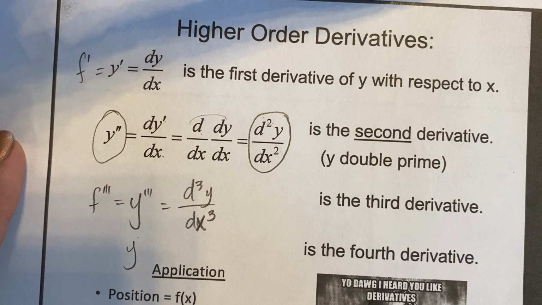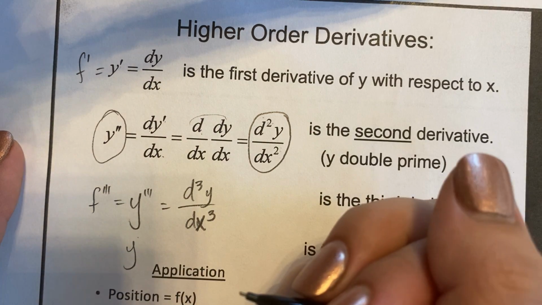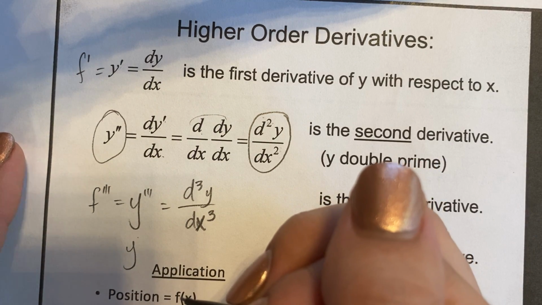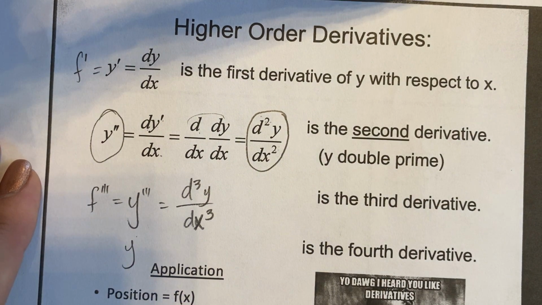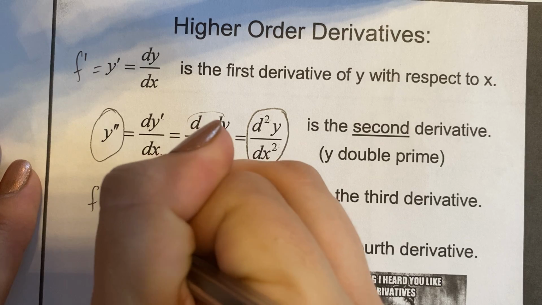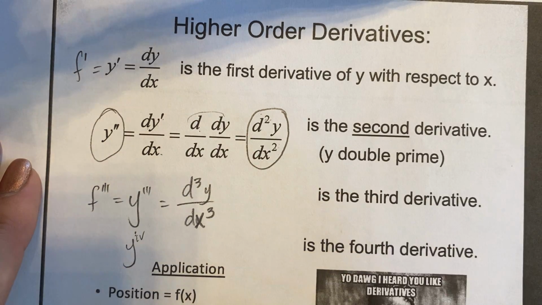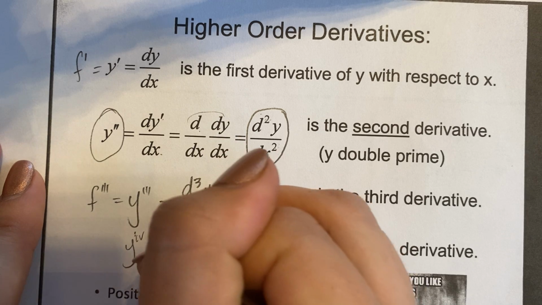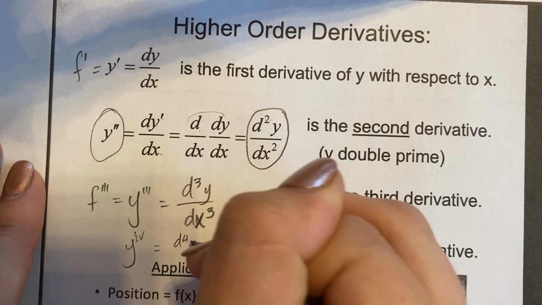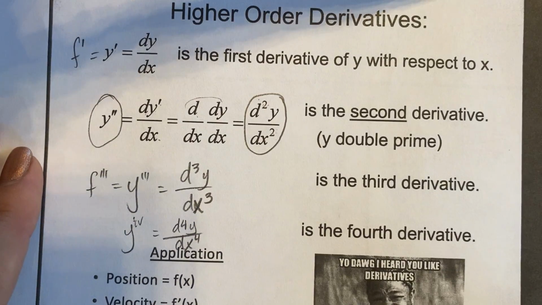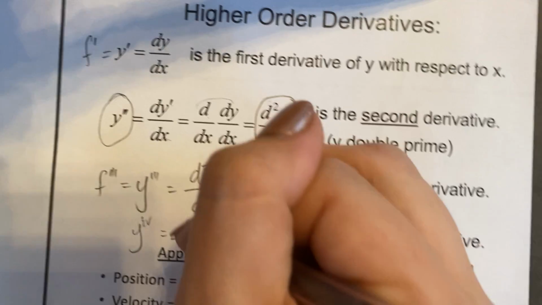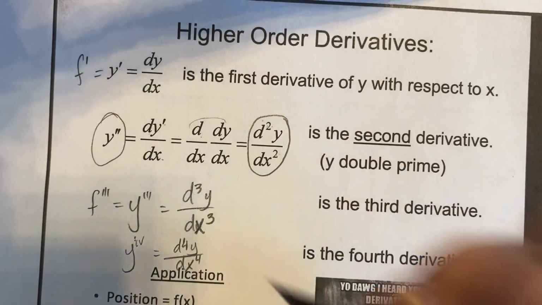At this point, you would start using Roman numerals, in lowercase. So 4 in Roman numerals for the fourth derivative is IV. So we'd use a lowercase script i, though you don't really have to use script, and a v. This is the fourth derivative, and then d to the fourth y over dx to the fourth. That would be the notation for the fourth derivative. It's like an exponent up there.